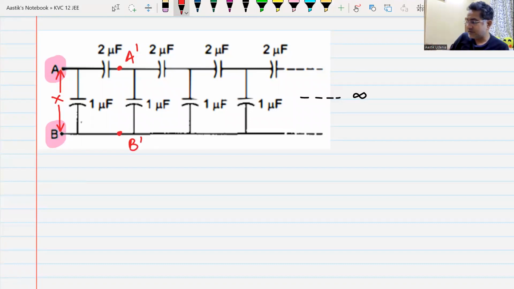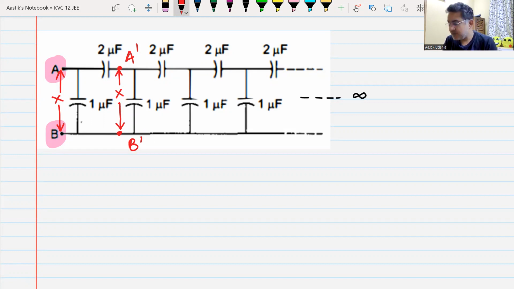From here the chain gets repeated. So basically, if the capacitance between A and B is X, the capacitance between A dash and B dash would also be X. This is what you mean to say?